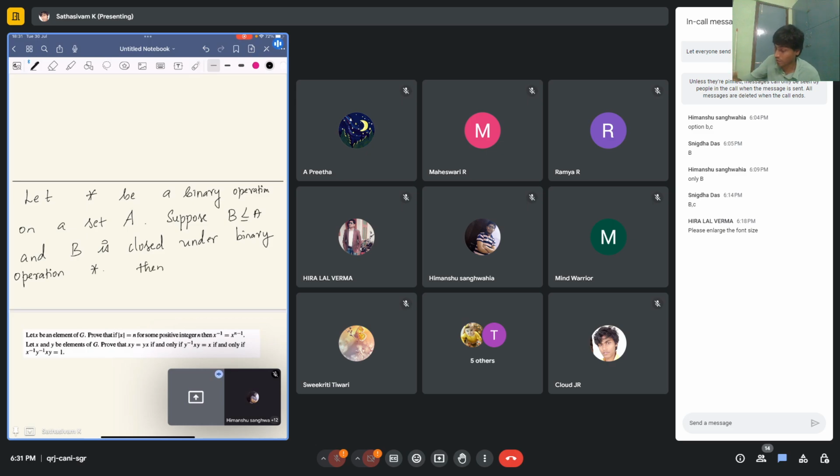Then we can say that B comma star is commutative, and I can write associative also, if A comma star is commutative.